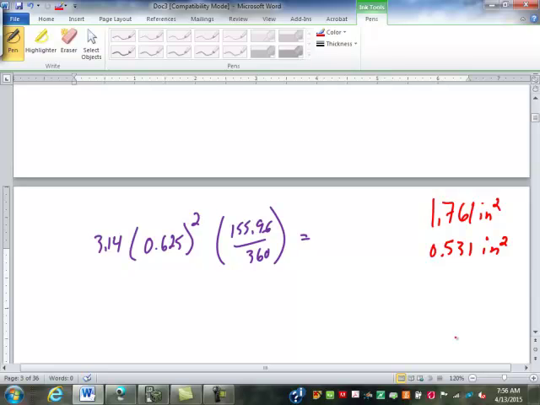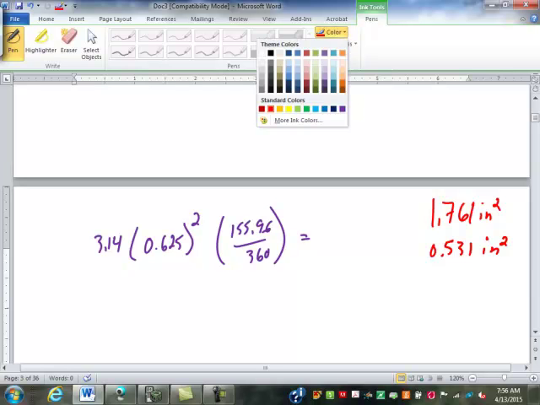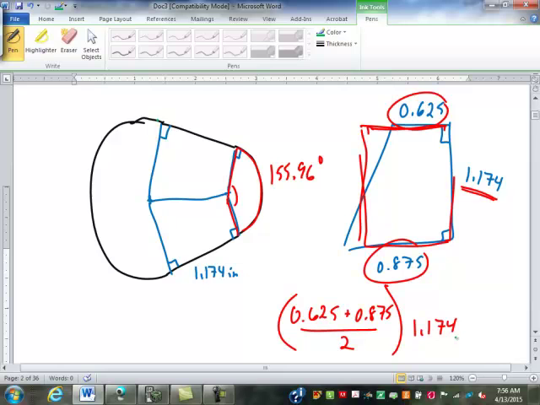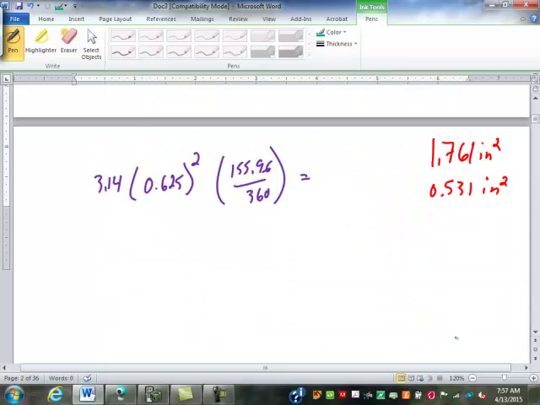Everybody with me so far? On the other side then, same issue, only this is 204.04 degrees. This is 0.875 is that radius. So that'll be pi 3.14 times 0.875 squared.